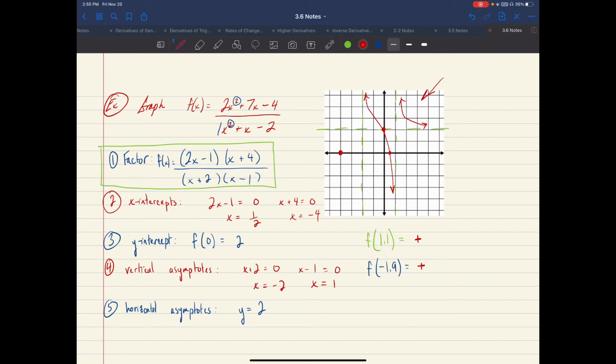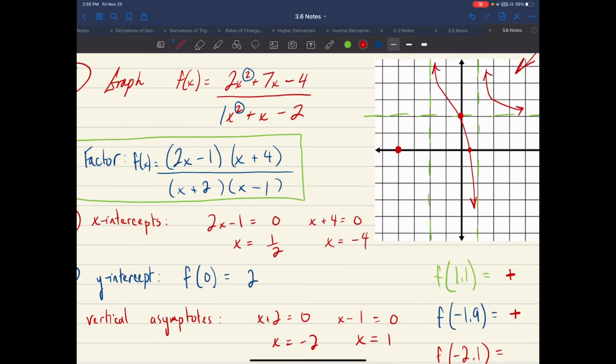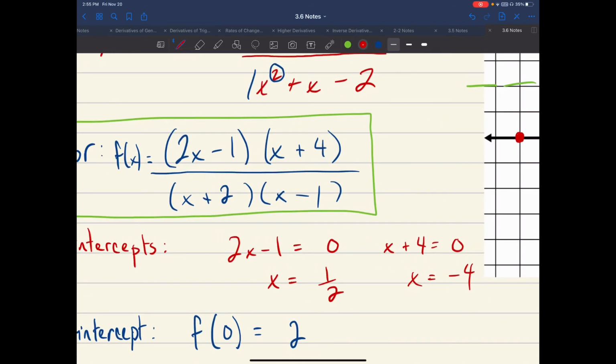So if I plug in a number more negative than -2 on the left, like -2.1, let's see what that does. -2.1 times 2 minus 1 is going to be negative. -2.1 plus 4 is positive. -2.1 plus 2 is negative.